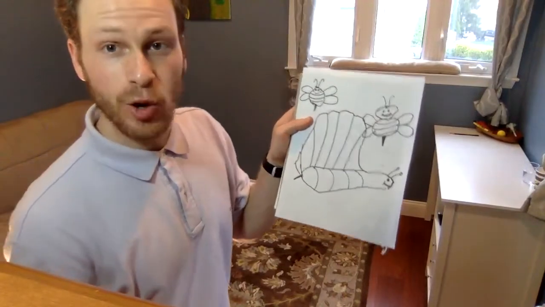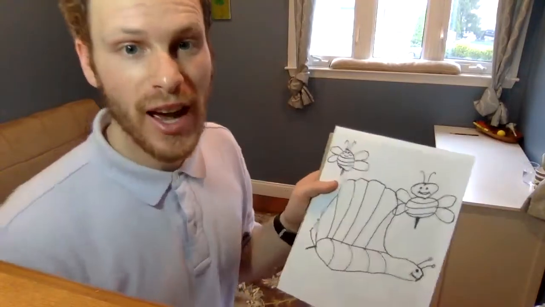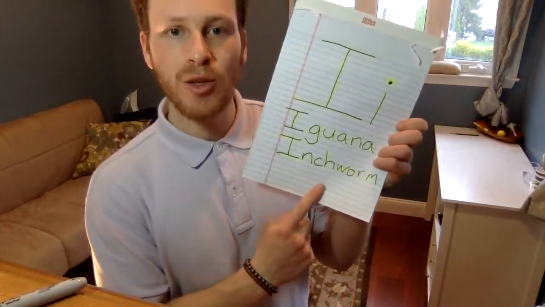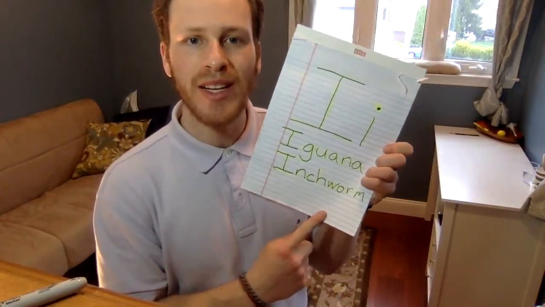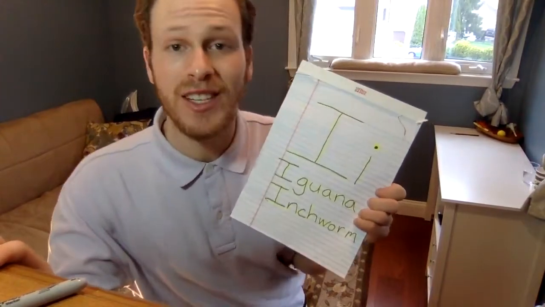Okay, so kids crafts, 5 minute crafts have some really, really cool videos of different things that we can draw. So for our eye, we did iguana, inchworm, and our last one is for insect. Okay, but insect is really just for drawing. All right, so our activity is drawing.